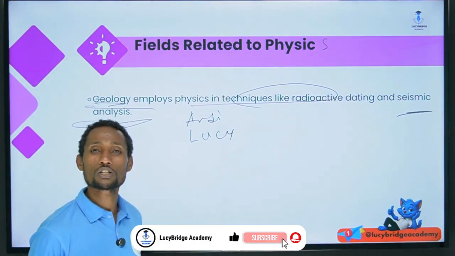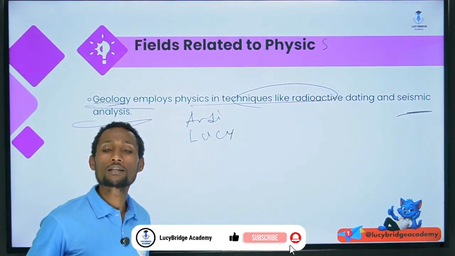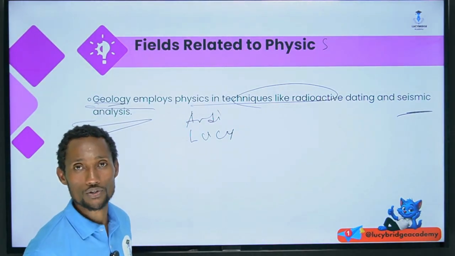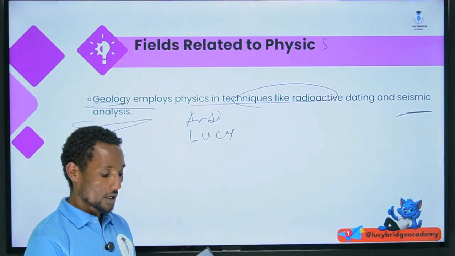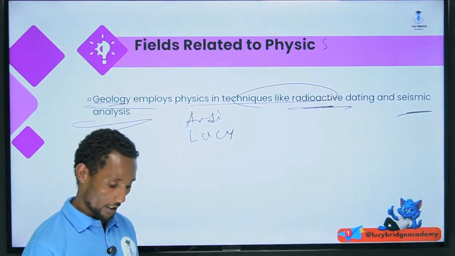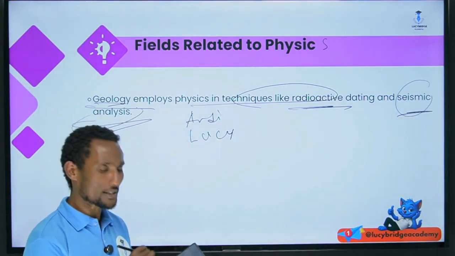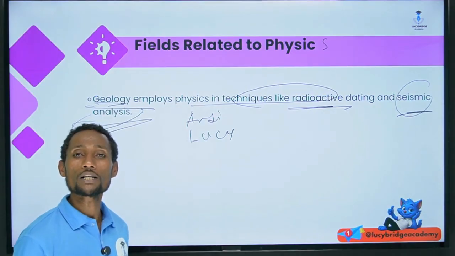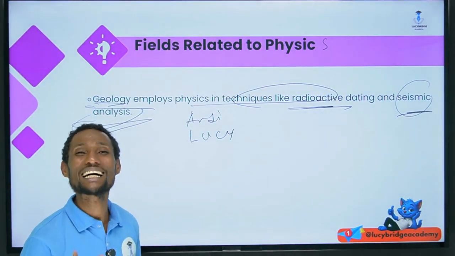The geologist is a person who studies what? The geological events on the earth. So by having radioactive dating, the other one is seismic analysis. The seismic analysis checks the condition of the Earth, the vibration of the Earth. That is what we call an earthquake.